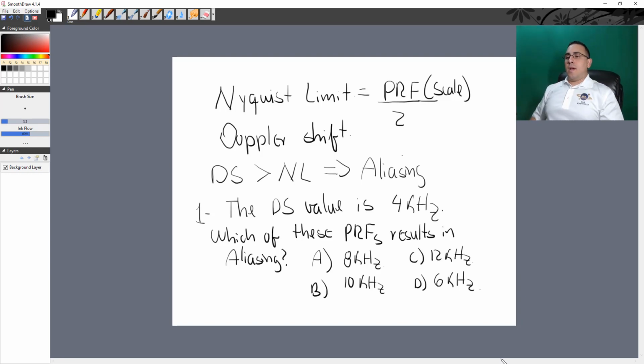I'm going to give you a few seconds for you to solve this. So one more time, the Doppler shift value is 4 kilohertz, and it asks which of these PRFs results in aliasing. And remember, if you understand that you have aliasing whenever the Doppler shift goes over the Nyquist limit, then you're fine. Then you understand this exercise. You're going to be able to give me one answer. Okay, let's do that.